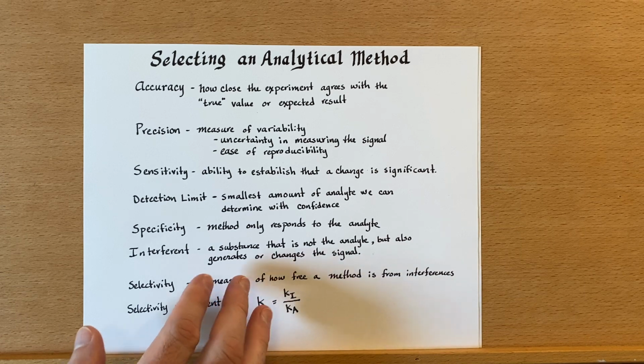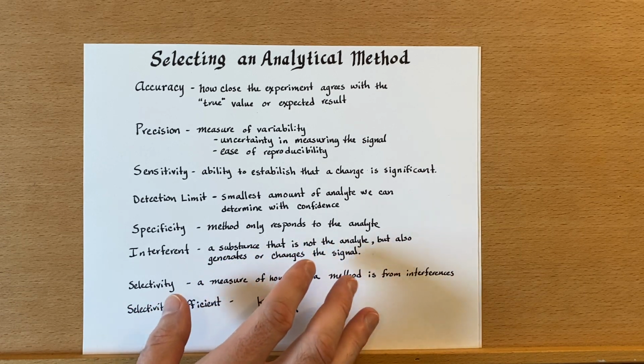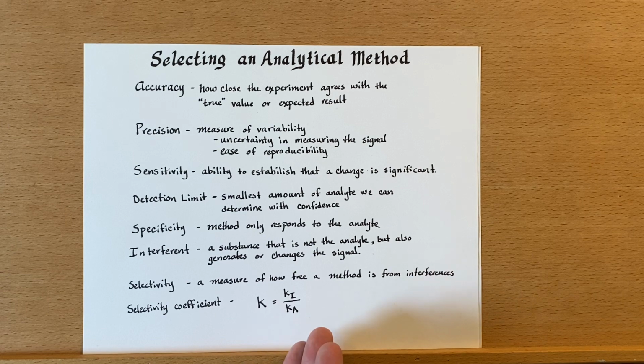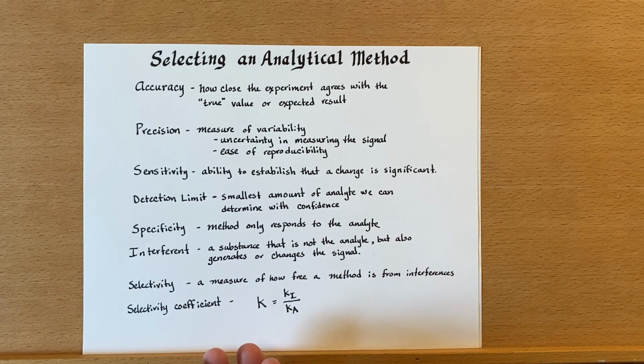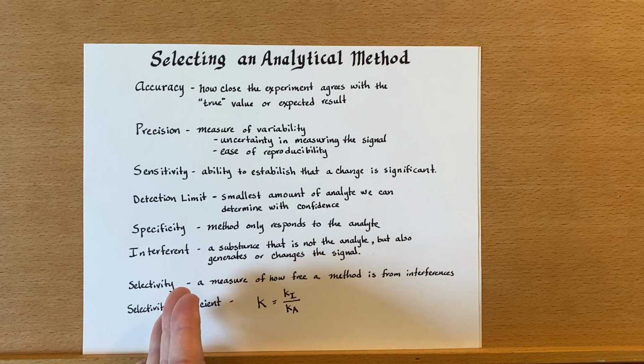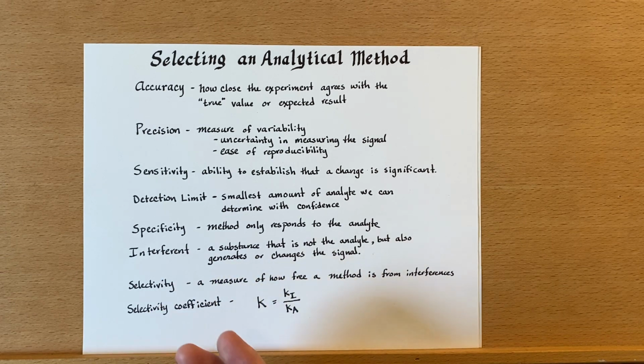And this could either generate or change the signal from the analyte. It could enhance the signal by weighing more or absorbing more light at the same frequency that our analyte does, or it could reduce the signal. In that case, it could precipitate with the sample, and then we would think that we have a pure precipitate, but in fact we have interferent with it.